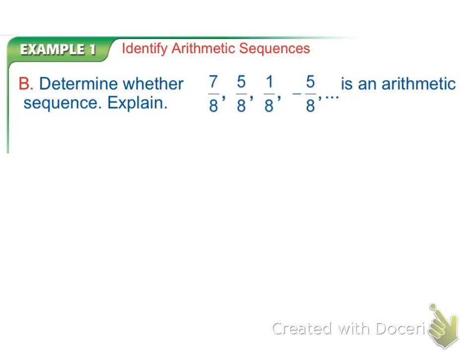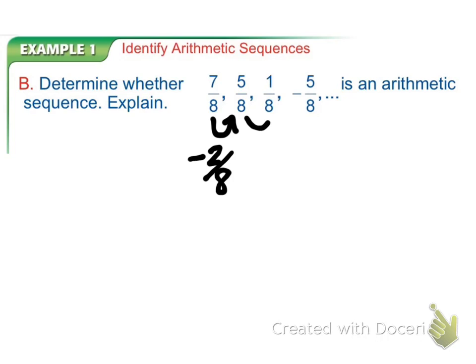Go ahead and pause the video. Don't freak out at the fractions. They all have a common denominator, so just subtract them. Pause the video and figure this one out. Hopefully you went from 7 to 5, so that is a decrease of 2 over 8.